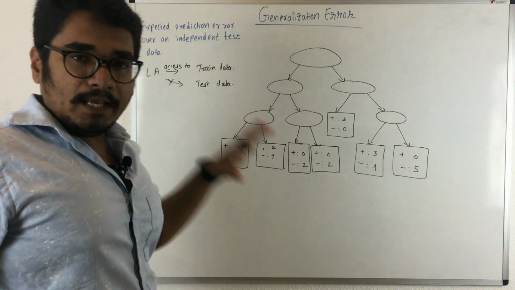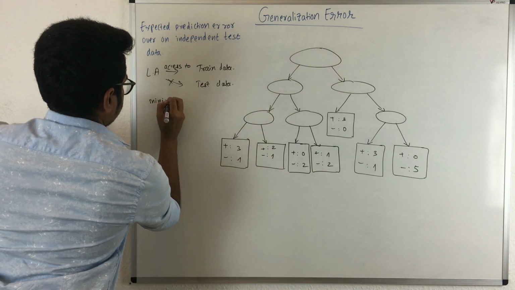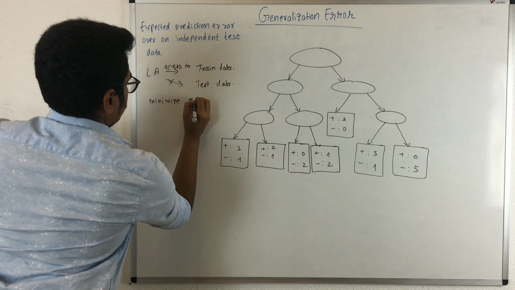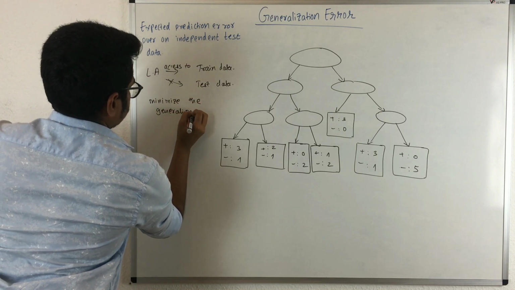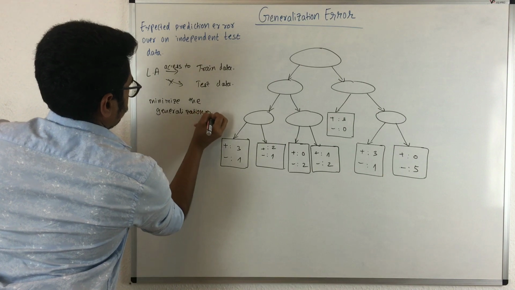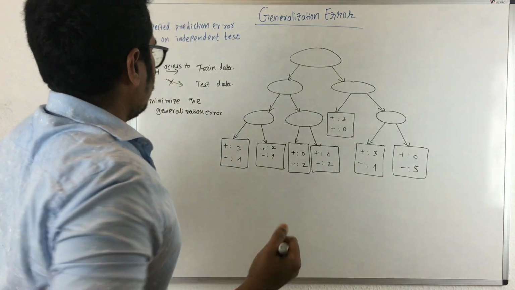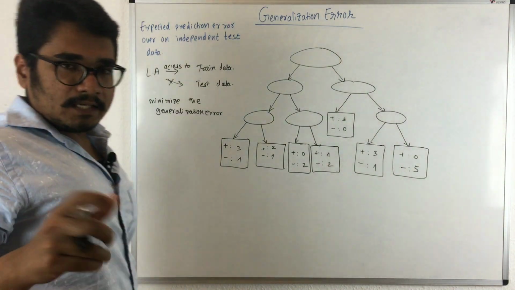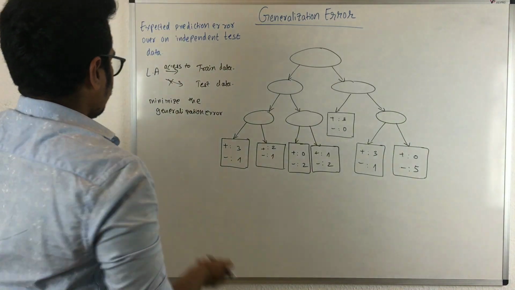Our main aim is to minimize the generalization error, or to lower it as much as possible. Generalization error (GE) estimate in decision trees is done with the help of two techniques.